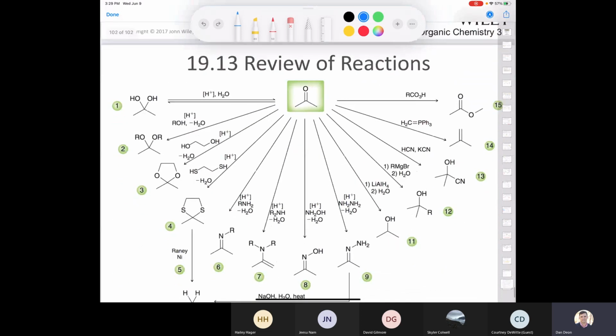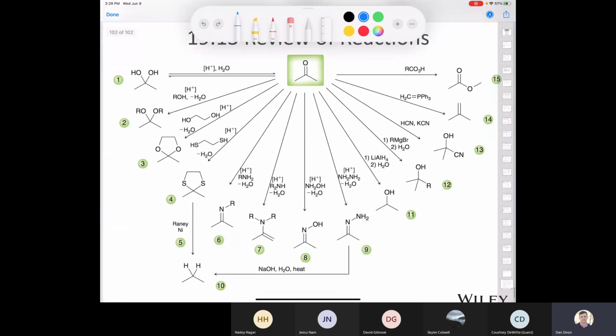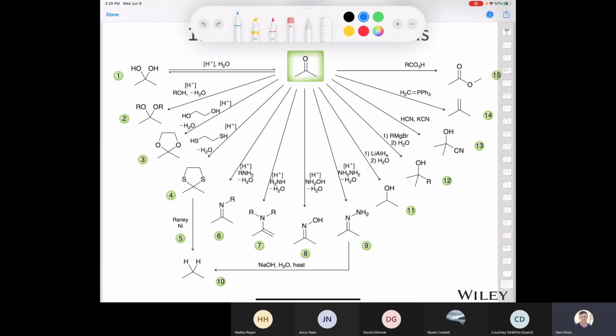So this is the review of reactions. This might be worth printing out and reviewing several times before your next quiz. Make sure that you know all the reactions in here, right? You want to make sure that you know about hydrate formation, right? Acetal formation, a cyclic acetal, a cyclic thioacetal.